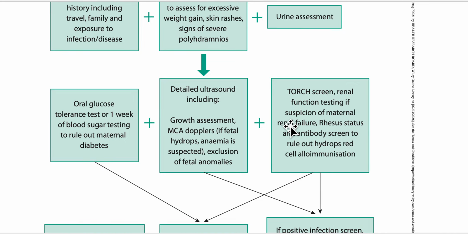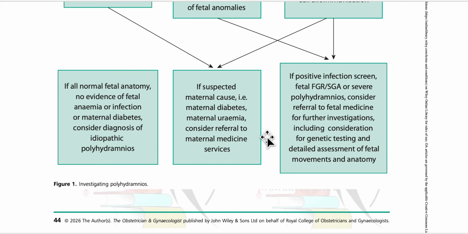So this is the thing we have to remember. If she has a positive infection screen, or the baby is FGR or SGA, or there is severe polyhydramnios, we will consider referral to the fetal medicine unit.